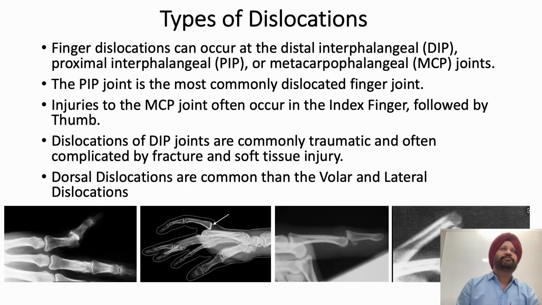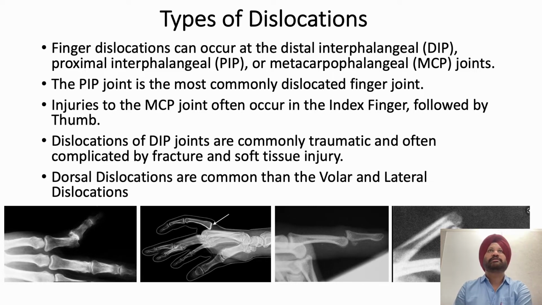So further going into types of dislocations, finger dislocations can occur at the distal IP joint, proximal, or metacarpophalangeal joints. The proximal interphalangeal joint is the most commonly dislocated finger joint among all the finger and MCP dislocations. Injuries to the MCP joint most commonly occur in the index finger, followed by the thumb.